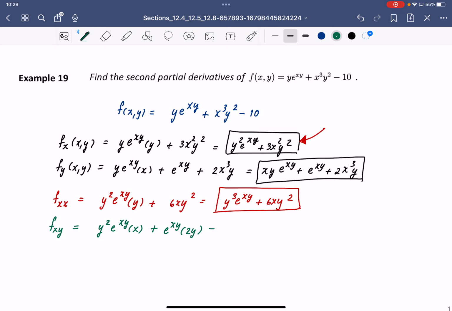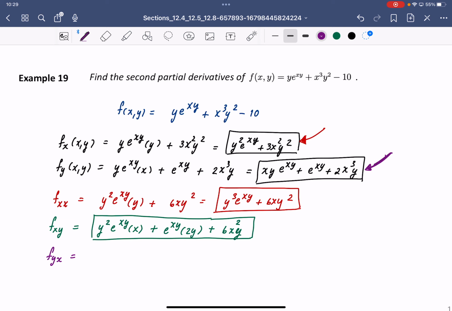And then the next term is going to be 6x squared y. This is actually the answer for fxy.